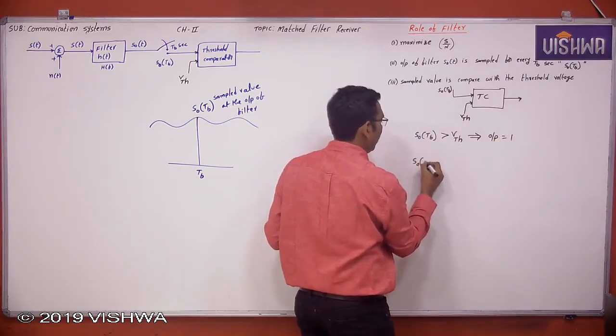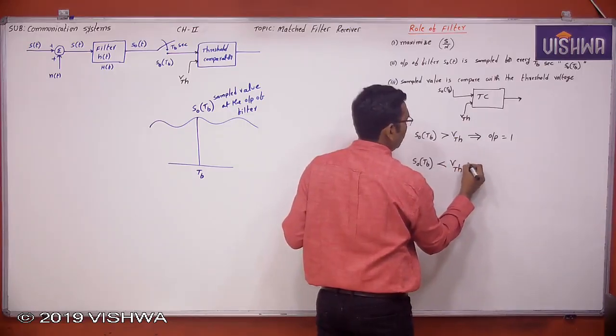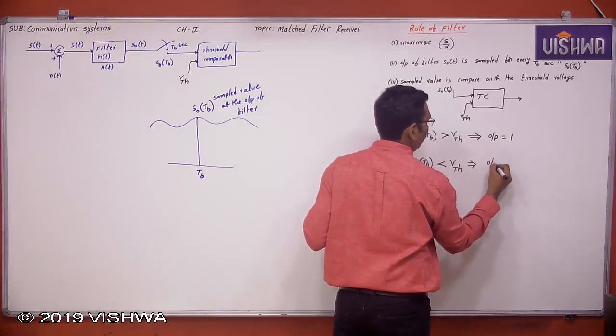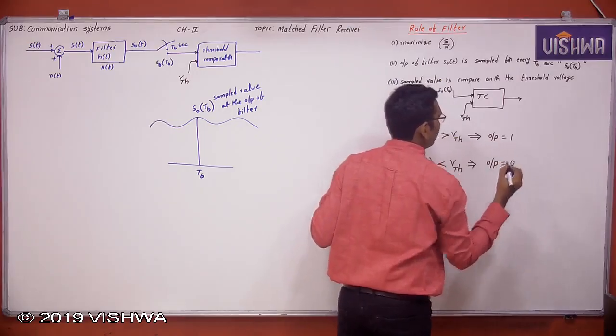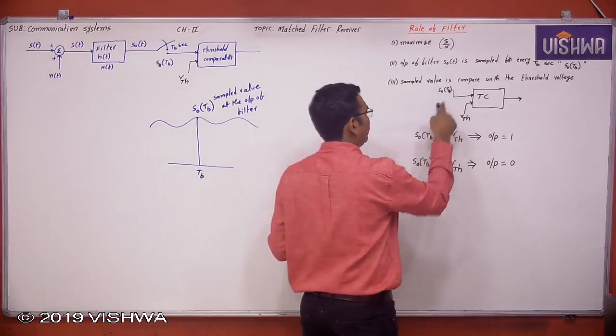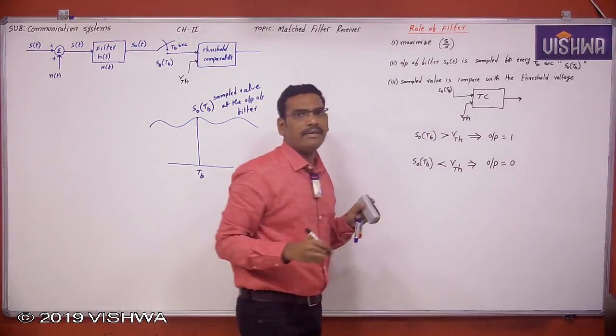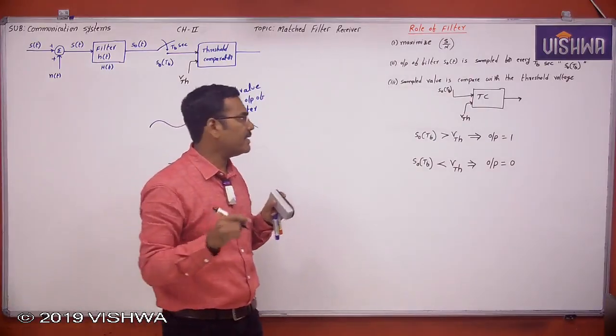If this sample value is less than the threshold voltage, then the output of the comparator will be treated as binary 0. Above the threshold is binary 1, below is binary 0. This is the way the threshold comparator generally takes a decision.